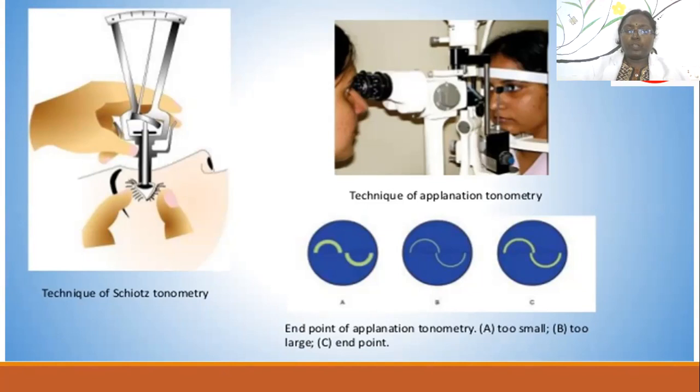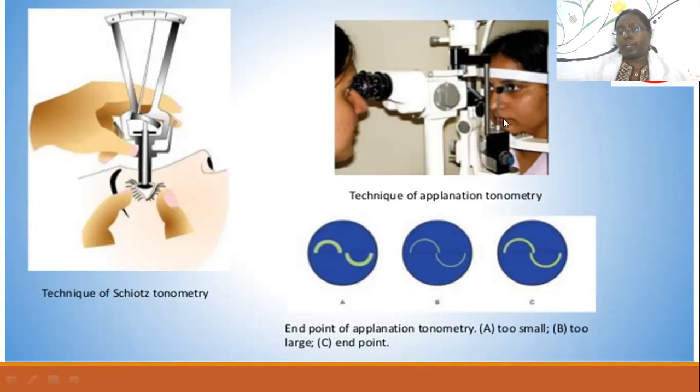In Goldmann's applanation tonometry, you anesthetize the eye using proparacaine, and then the patient is asked to look straight, and the conjunctiva is stained with a fluorescein strip, and you look for the menisci, the upper meniscus and the lower meniscus, which are formed due to the biprism.